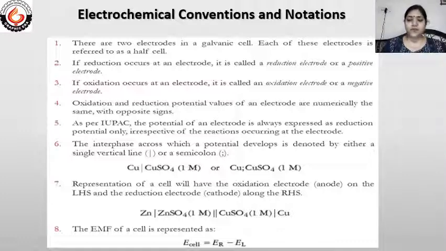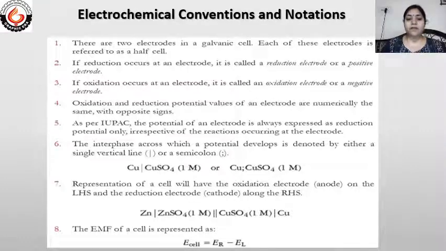In this way an electrochemical cell can be represented, and with the representation it is clear that the metal on the left side will act as anode and the metal on the right side will act as cathode. Oxidation on the left side and reduction on the right side.